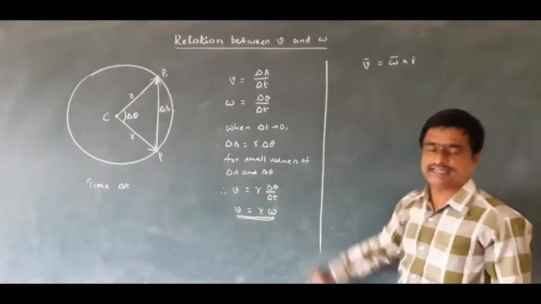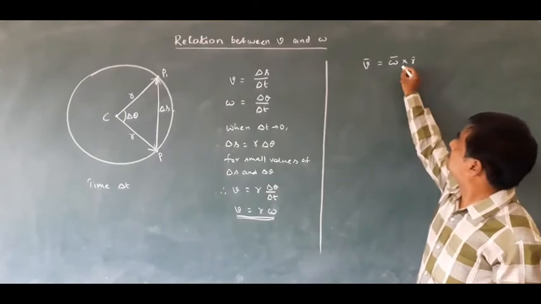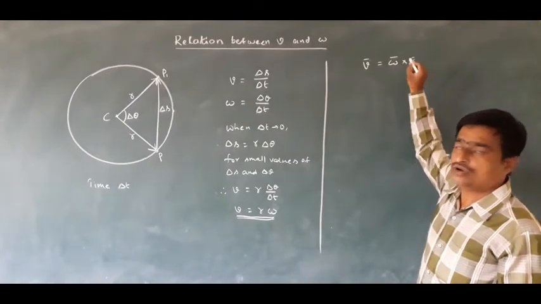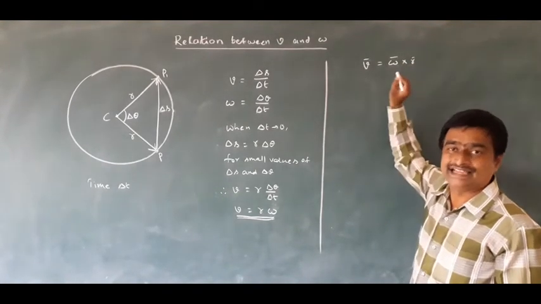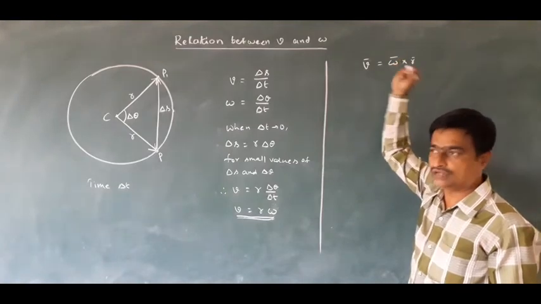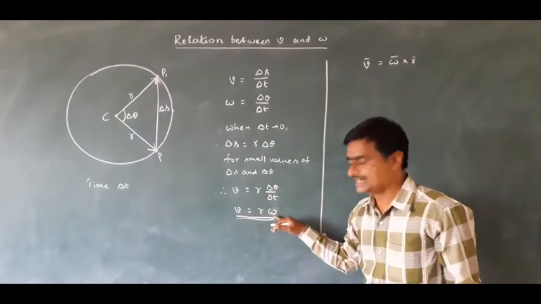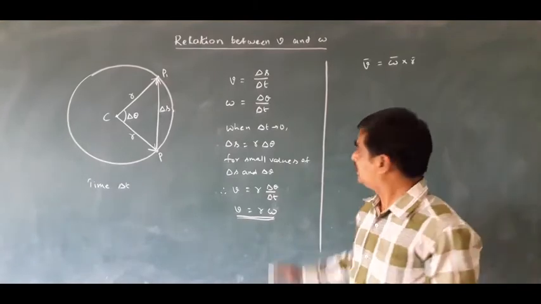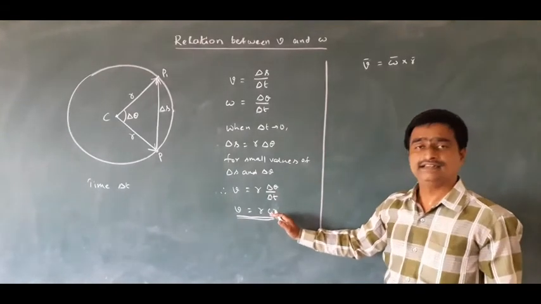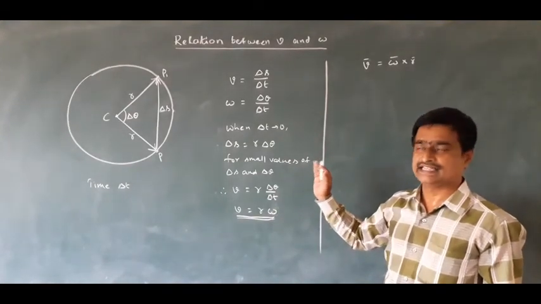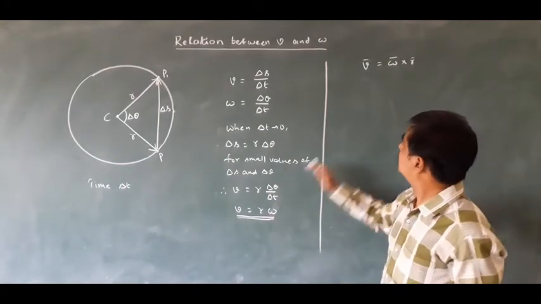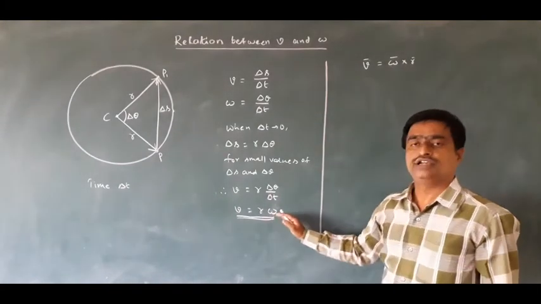This is a cross product. Cross product is mod omega mod r sin theta into n cap. When do we get this condition? If we have the maximum angle, that is 90 degrees, then sin theta is equal to 1, we won't get any sine factor there, only r into omega.